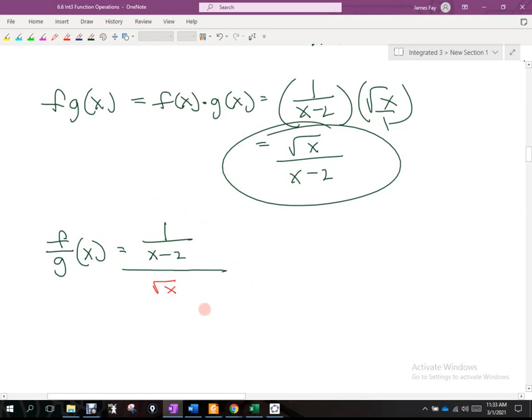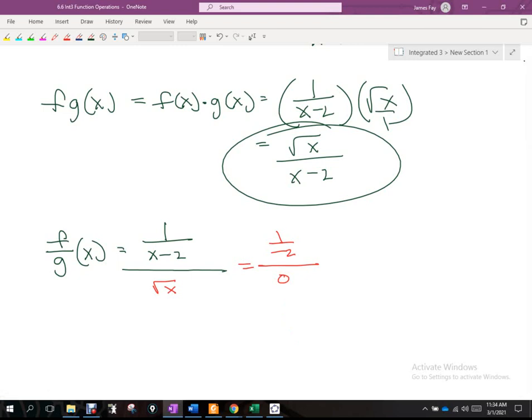Before we were allowed to take the square root of 0, correct? But now if I use 0 as an input, I would get 1 over negative 2, and I'll divide that by the square root of 0, which is 0.